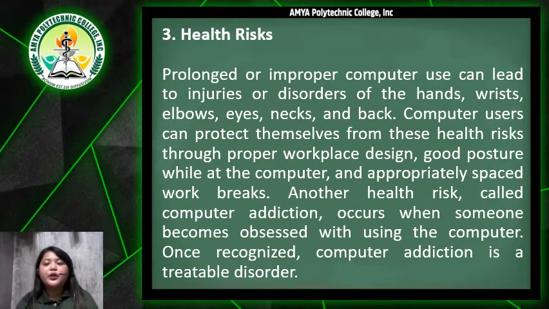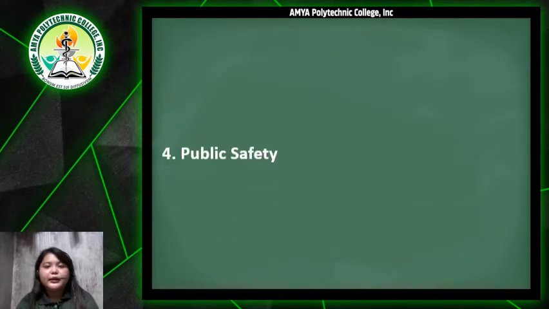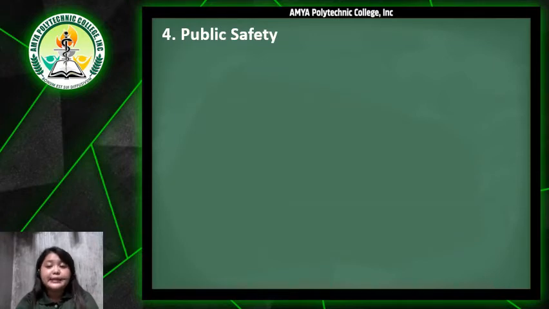Another health risk is called computer addiction. This occurs when someone becomes obsessed with using the computer. Once recognized, computer addiction is a treatable disorder. Fourth one is public safety.